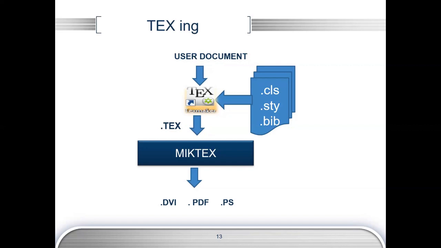These things combine together, and MiKTeX is a compiler which compiles your LaTeX program and provides the excellent output in the form of .dvi, .pdf, and .ps: device independent file format, portable document format, as well as PostScript format. So it can provide the excellent LaTeX output, a fancy layout.